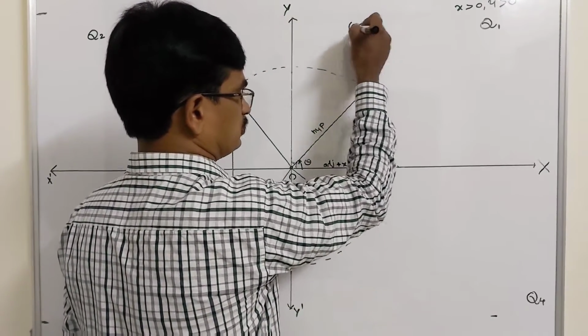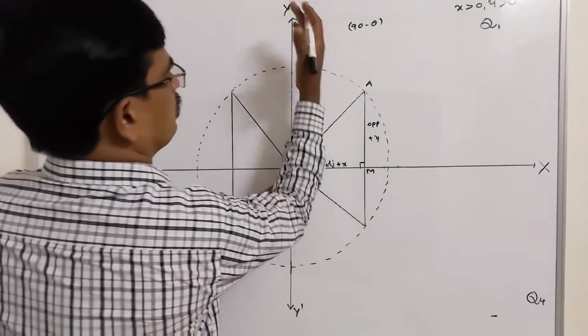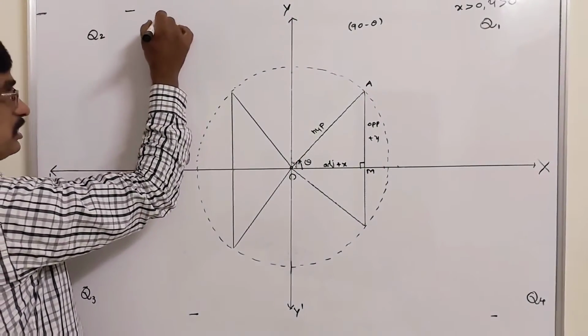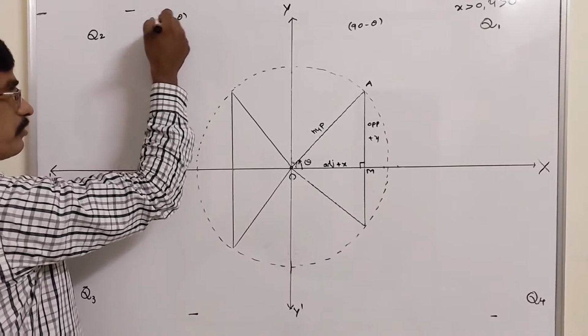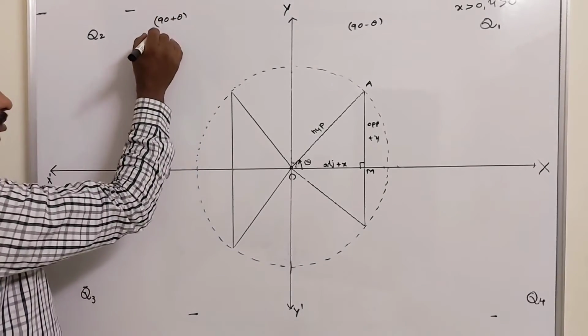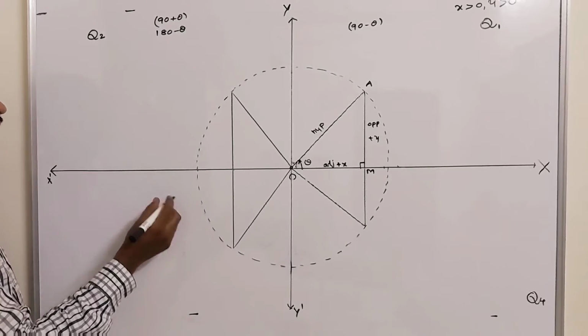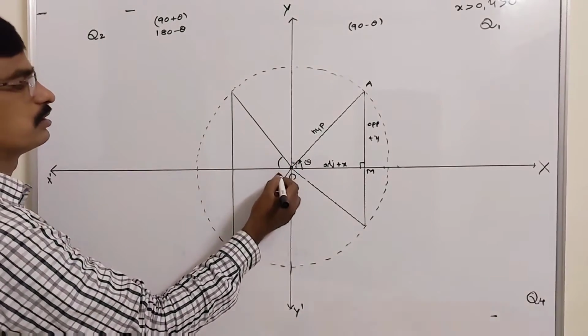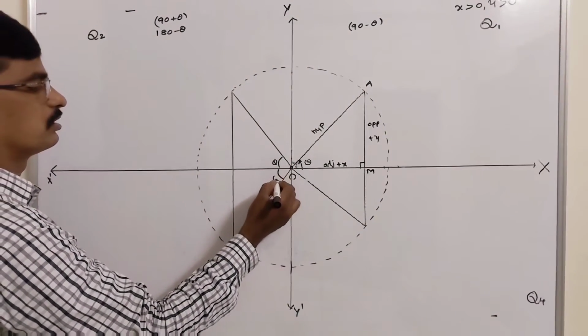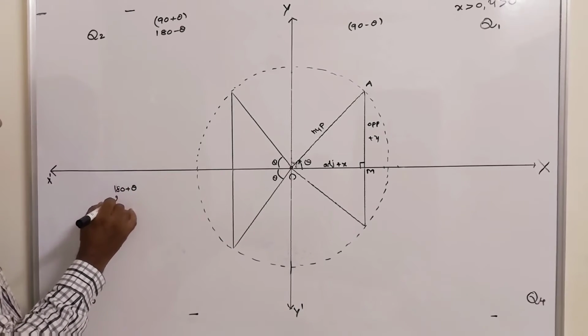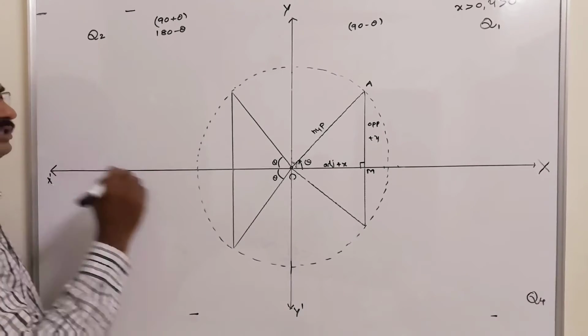90 minus theta. In the second quadrant, if OA is rotated like this, 90 plus theta and 180 minus theta. In the third quadrant, 180 plus theta, 270 minus theta.